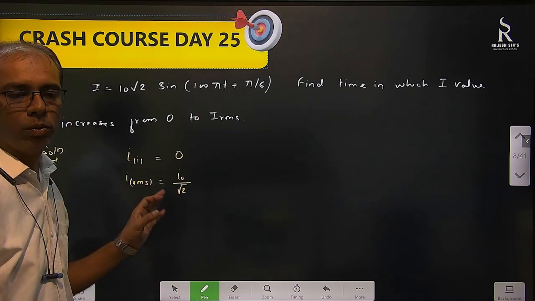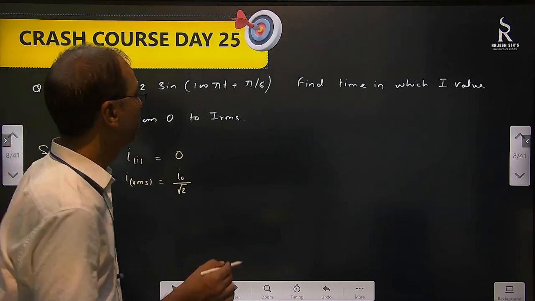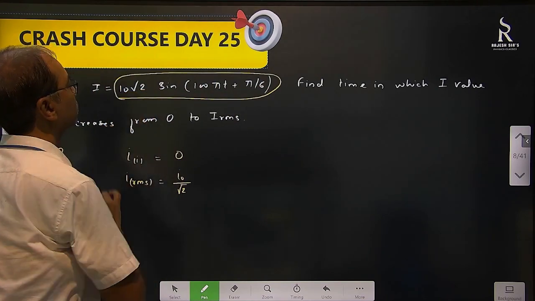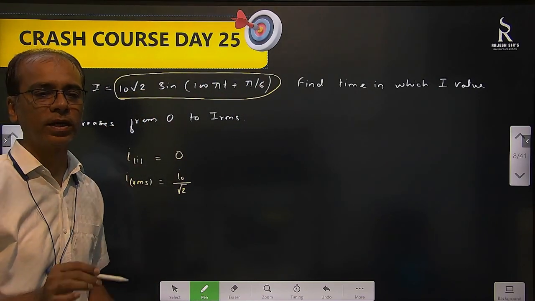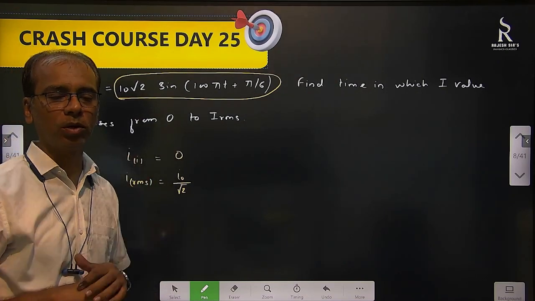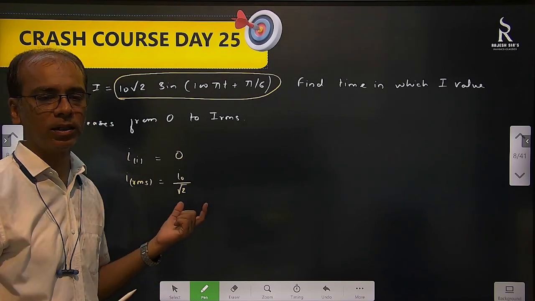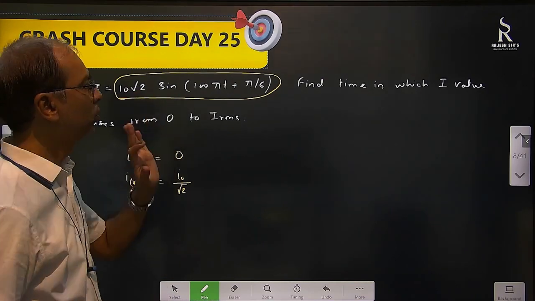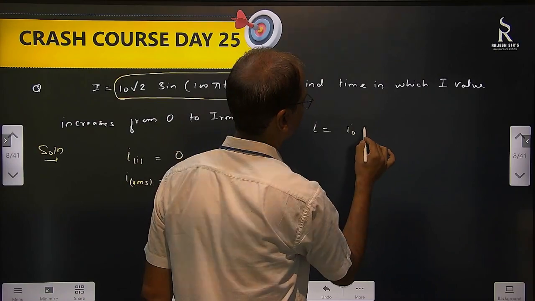Now who makes these values? Only the sine function decides, because we know that I equal to I naught sine omega t. If I consider t equal to 0, you have I 0. Then after how much traveling of the angle will you get this value? Let's say 45 degrees. Forget about the phase at the moment.